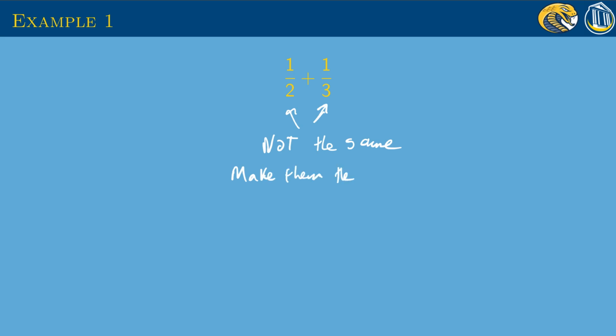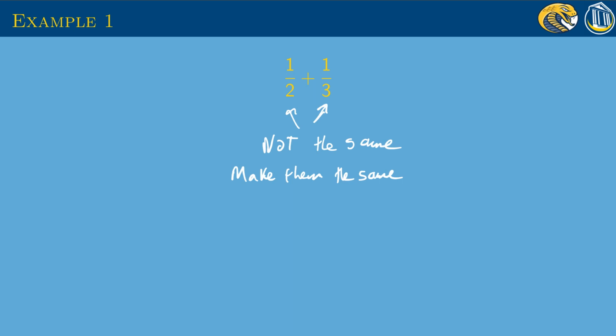Now, the easiest way to do this is just by multiplying the denominator of one side by one number and multiplying the denominator of the other side by a different number so that whatever the answer is, it's the same. And something that will always work is multiplying the denominator on one side by the denominator on the other.